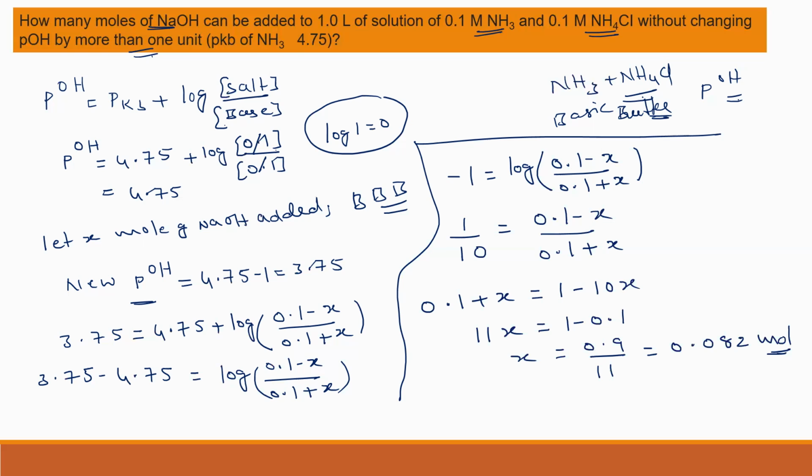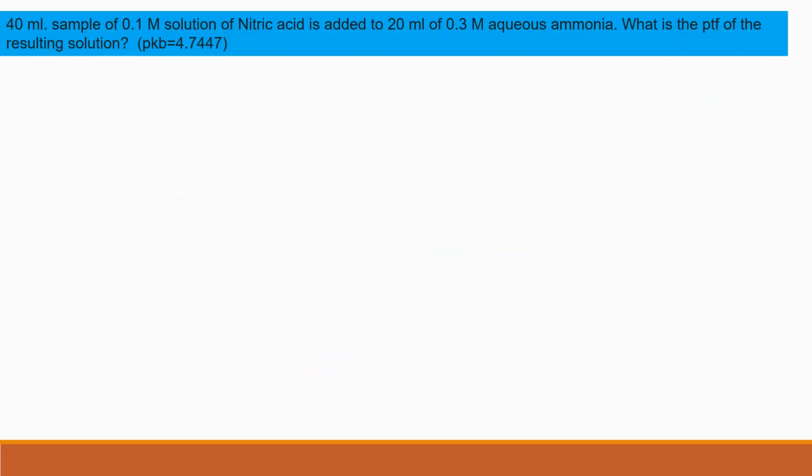Coming to the next one: 40 ml of 0.1 M solution of nitric acid is added to 20 ml of 0.3 M aqueous ammonia. What is the pH of the resulting solution?